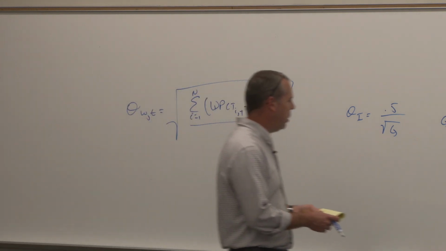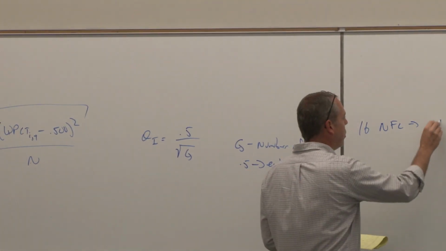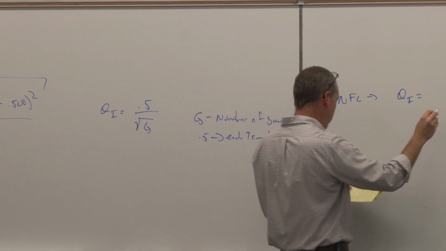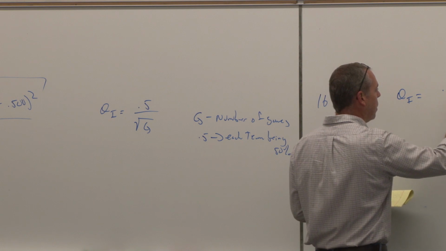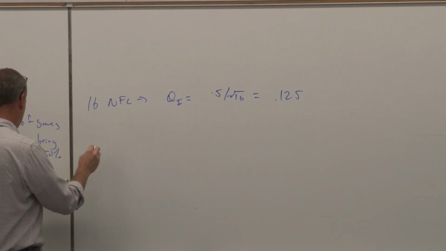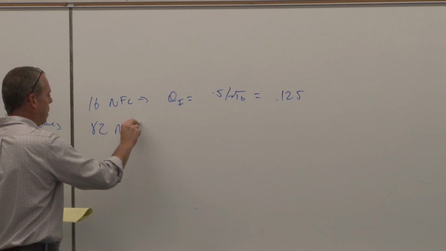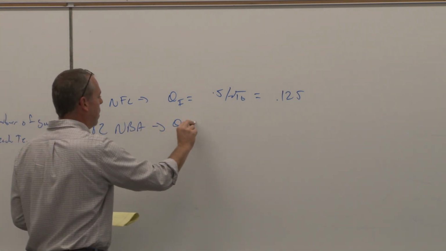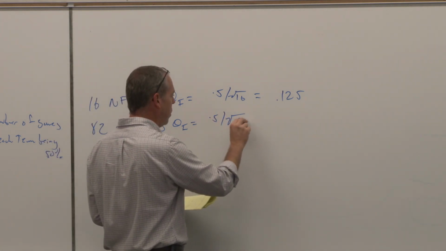So for our purposes here, like I said, we've got 16 games in the NFL. Well, that gives us an idealized standard deviation, 0.5 divided by the square root of 16, right? That's 0.125. We've got 82 games in the NBA. 0.5 over the square root of 82.